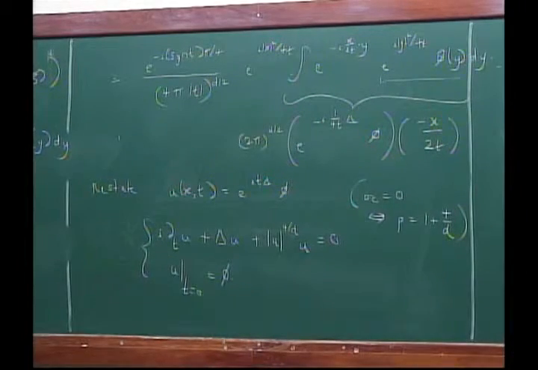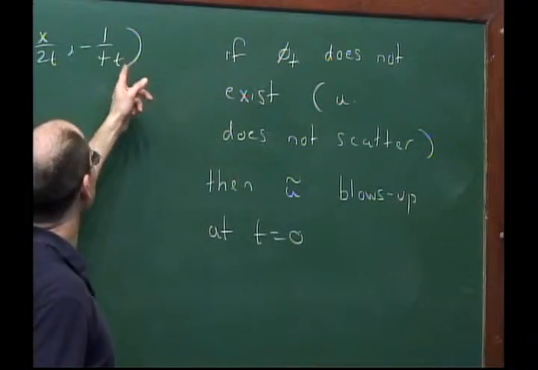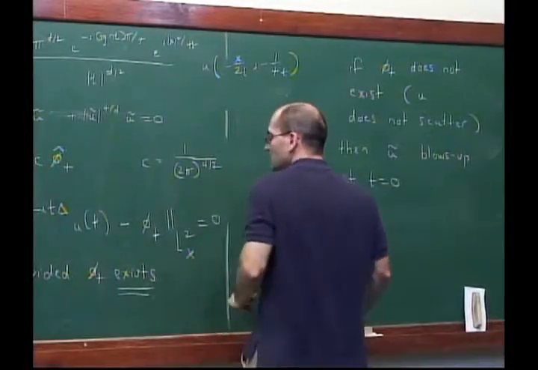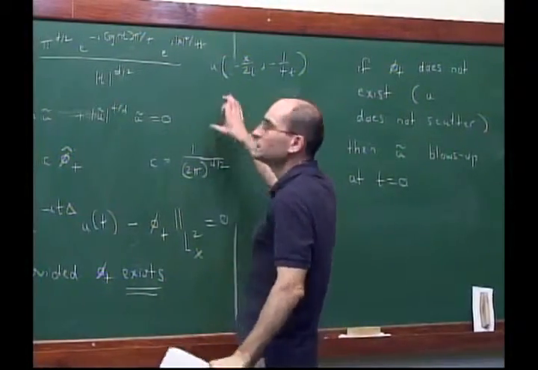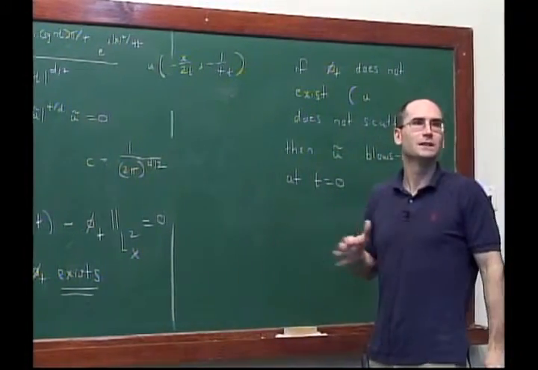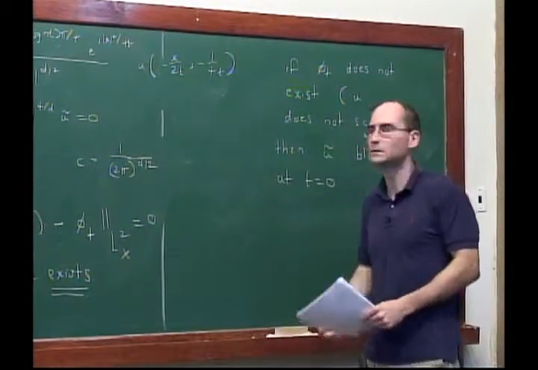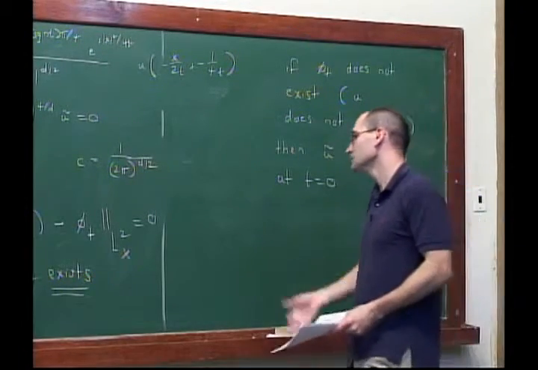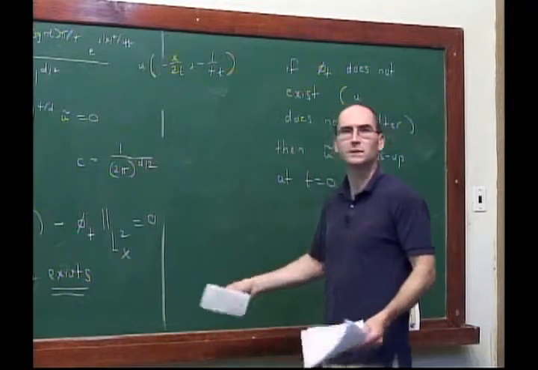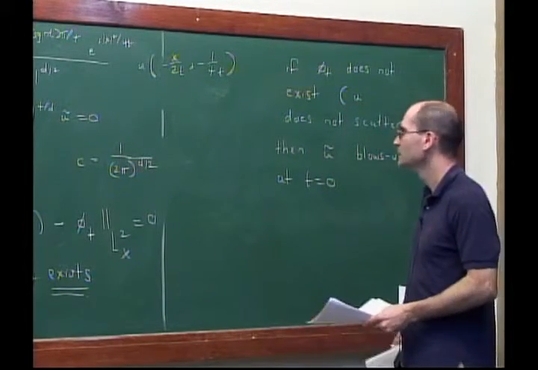Then here you want to plug in t negative in order to return something positive over here. So U tilde is defined from time minus infinity up to time 0 and blows up at time 0. And then if you wanted, you could bar the equation and get a solution from 0 to plus infinity. Some people write it that way.